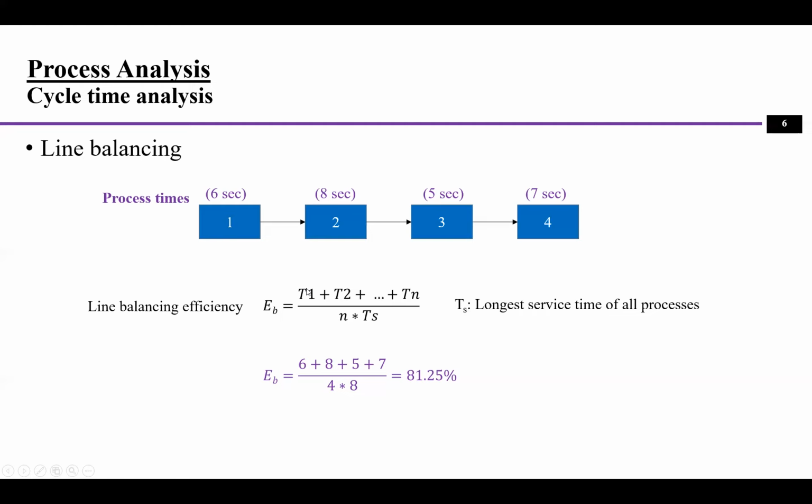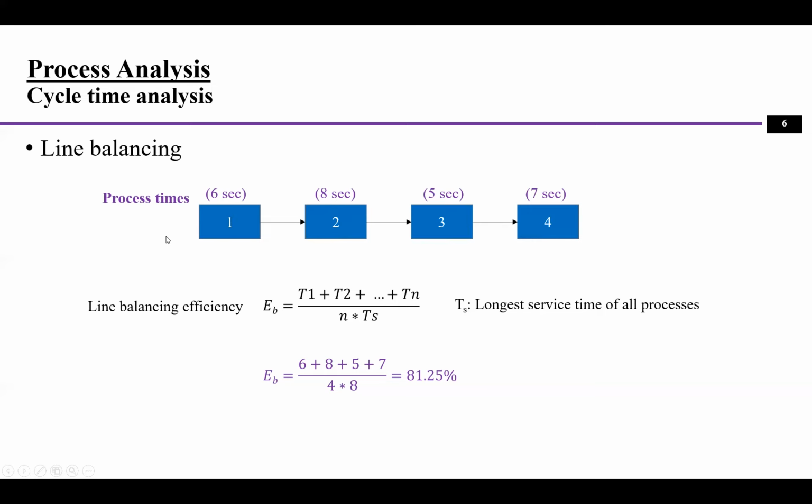Remember, it's only the processing time, not including the repositioning time. So it's 6 seconds plus 8 plus 5 plus 7, divided by what? Divided by, assuming all the processes have an equal amount of processing time, and that time is the largest of all these processes. Which one has the longest process time? Number 2, 8 seconds.